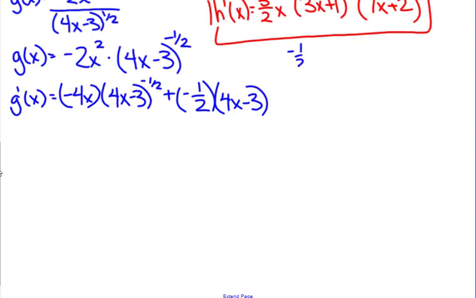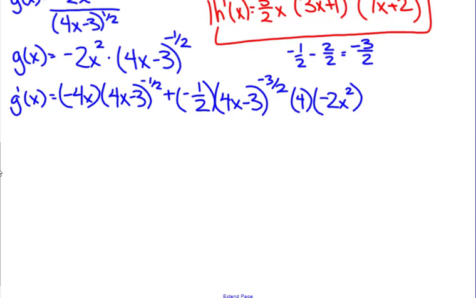So I have negative 1/2, and I'm going to subtract 1. So I'm going to have negative 3 over 2 as my power, times the derivative of the inside stuff, because I'm doing a chain rule, and because we're also doing a product rule, times the first, not the derivative, just the regular.